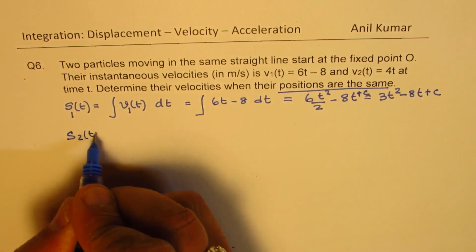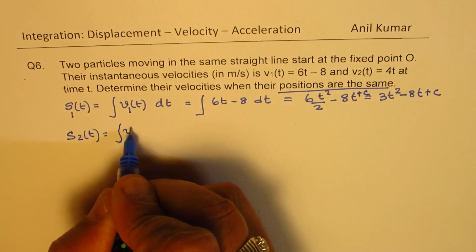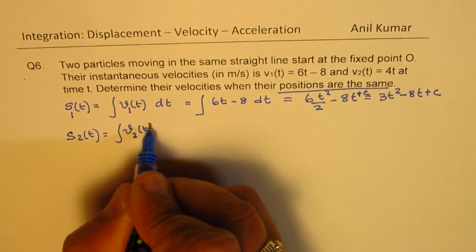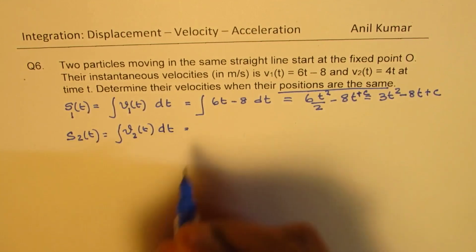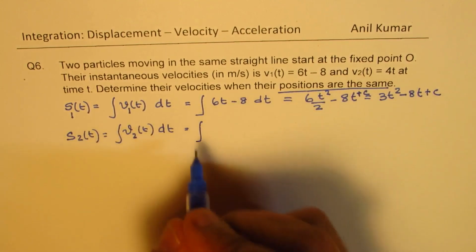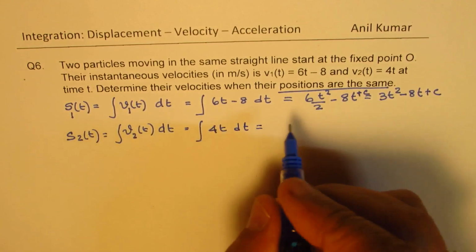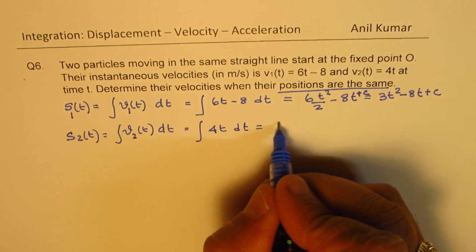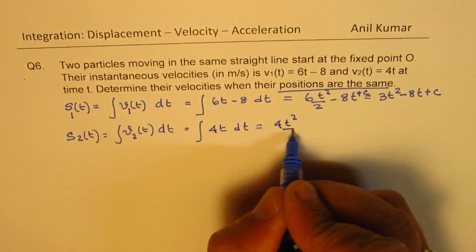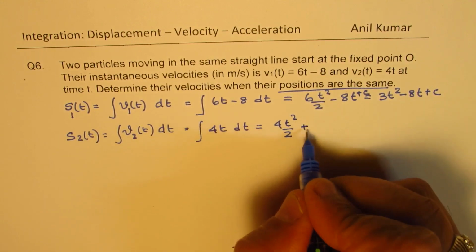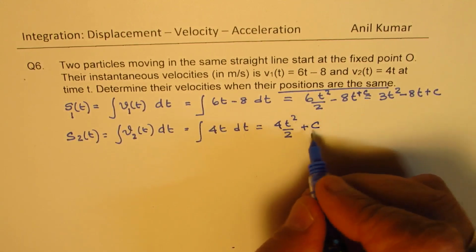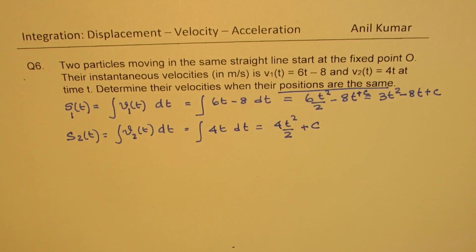For the second particle, the position is the integral of the velocity which is given to us as 4t. So it is the integral of 4t dt, right? So that should be equal to 4t squared by 2 plus another constant c, right? So that is how we could relate.